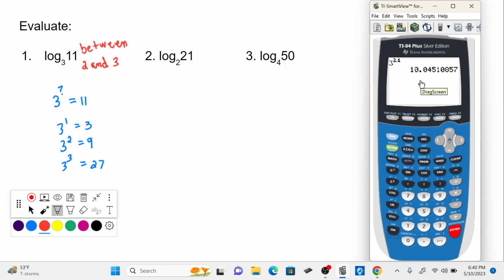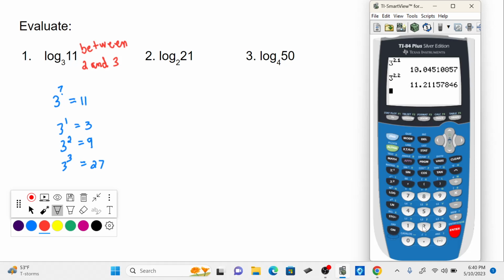That gets me to 10.045. So if we try 3 to the 2.2 power, that gets me to 11.2. So I could be estimating, okay, it's going to be somewhere between 2.1 and 2.2.